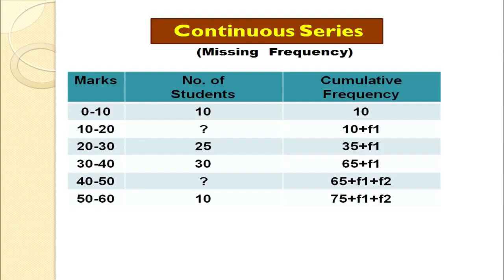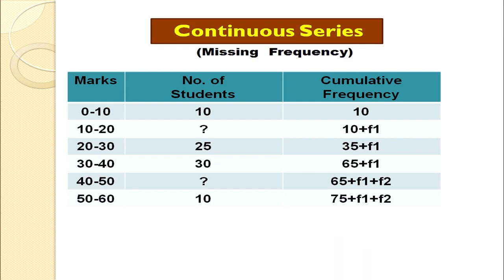Let's see how we are going to compute the missing frequencies in this case. In the very first step, we have already seen the data is arranged in ascending order. The next step, we are going to compute cumulative frequency. The first missing frequency we denote as F1 and the next missing frequency is denoted as F2.